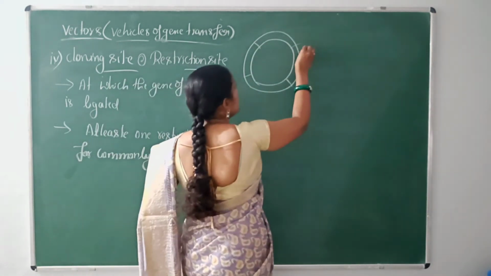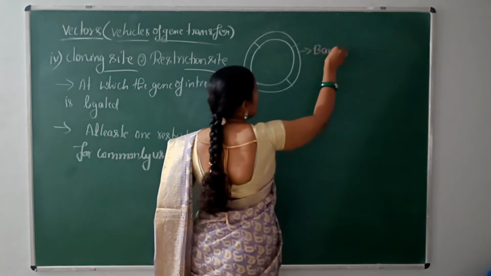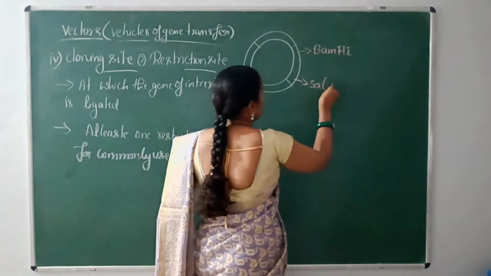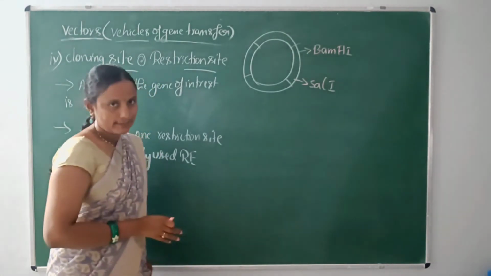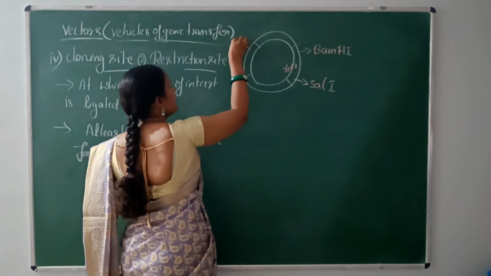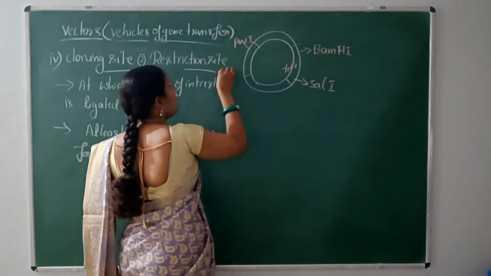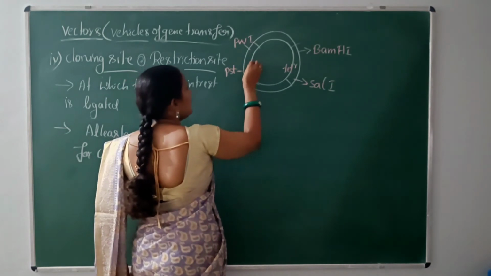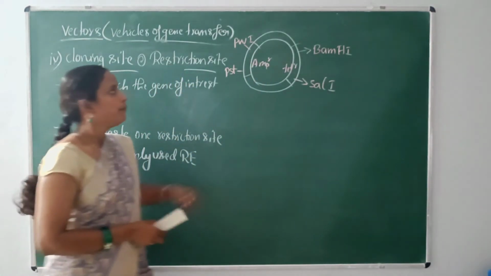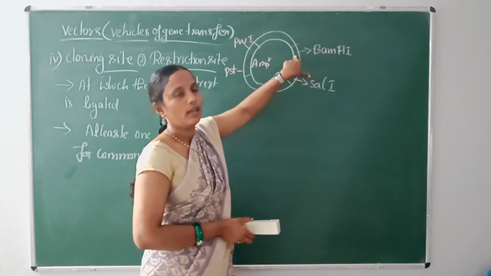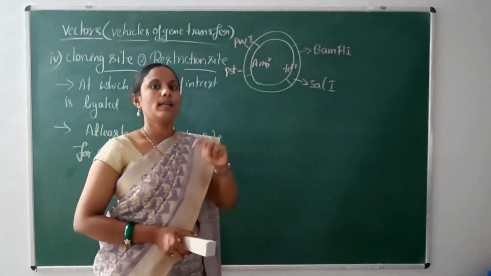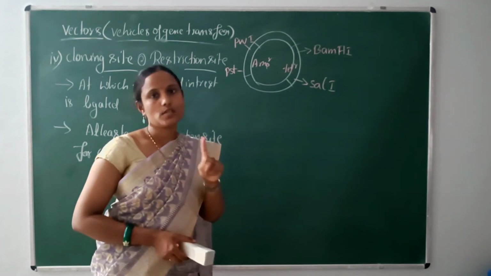Here there are restriction sites for the enzymes BamHI and SalI, and these two are present on the tetracycline resistance gene. PvuI and PstI are present on the ampicillin resistance gene. If you observe here, for BamHI there is only one restriction site, and for SalI one restriction site. There should not be multiple restriction sites for a single restriction enzyme.